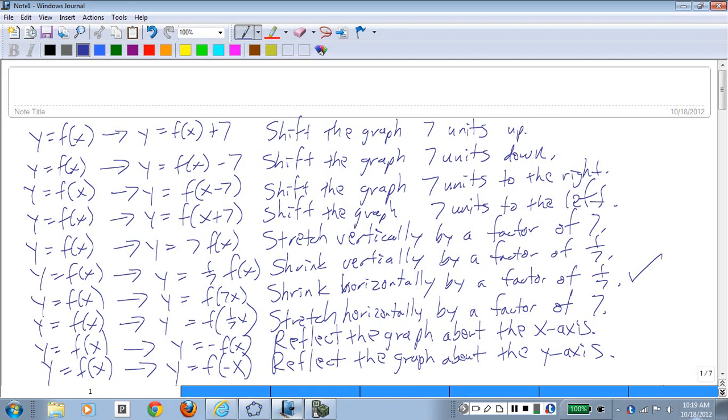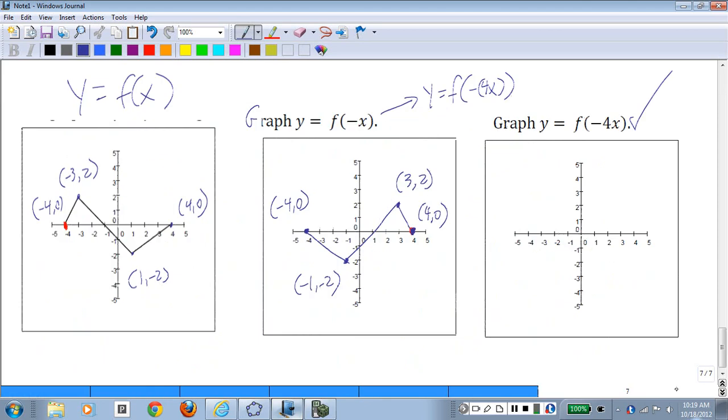Well, if we substitute 4x for x in this middle graph here, we're going to take this middle graph and shrink it horizontally by a factor of the reciprocal of 4.